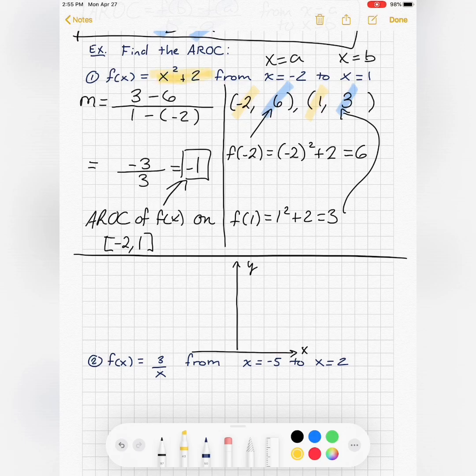This is a parabola shifted up 2. So I have 0, 2. If I plug 1 in there, I have 3. If I plug 2 in there, I have 6. And then this is symmetric over the y-axis. It's an even function, so I can fill in those mirror points.